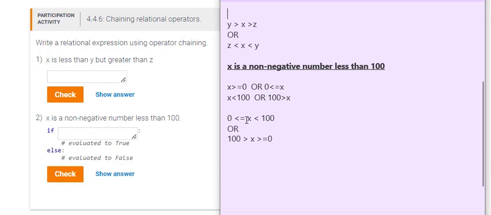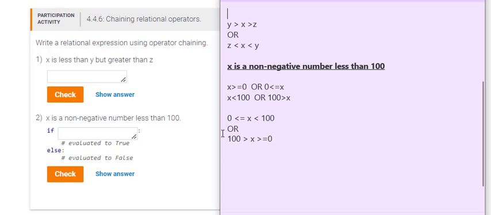So that's what we're going to put because x is our common variable here. So we're going to find the less than over here, and x is less than 100 because it says that it is less than 100. It doesn't include 100. And we include 0 here because 0 is a non-negative number. It's not considered a positive number.